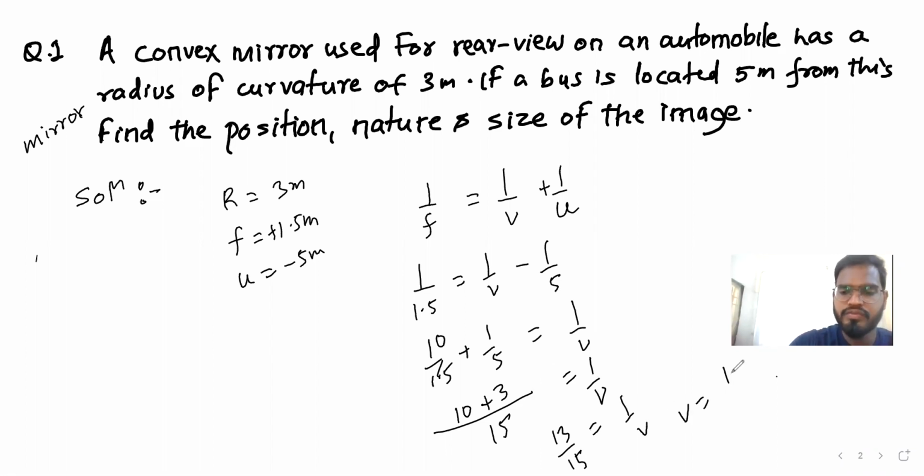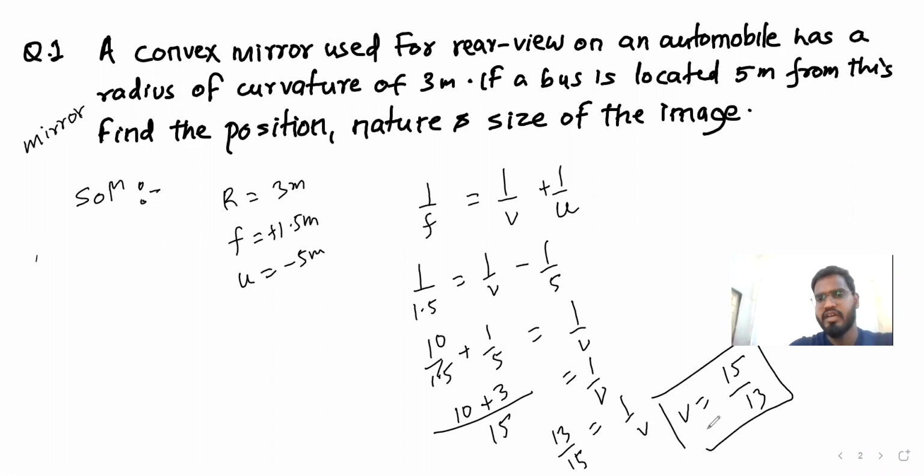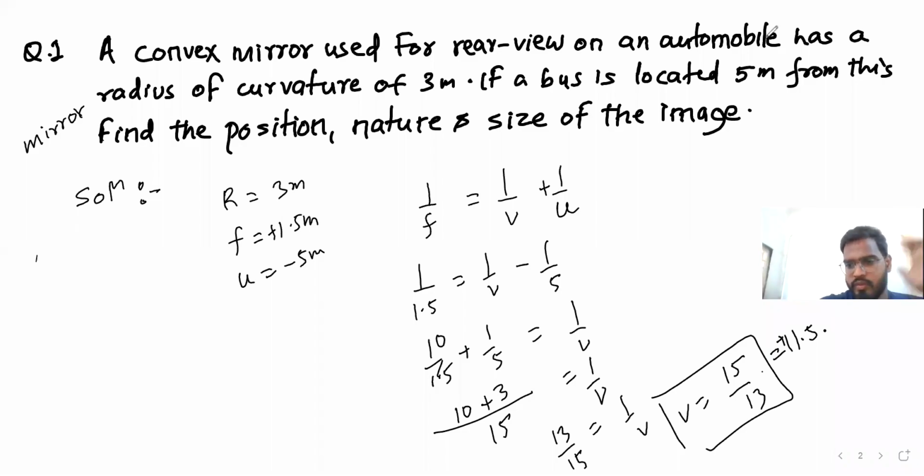So v is equal to 15 by 13. That should be the answer. If you solve it, it will come to 1.15 meter. All things are in meter, so it will also be in meter.